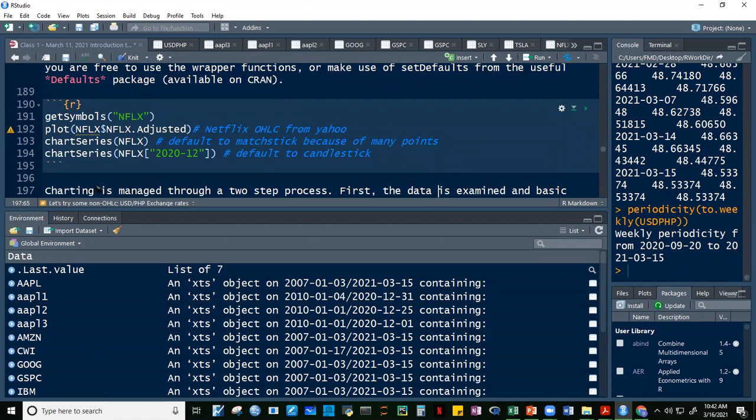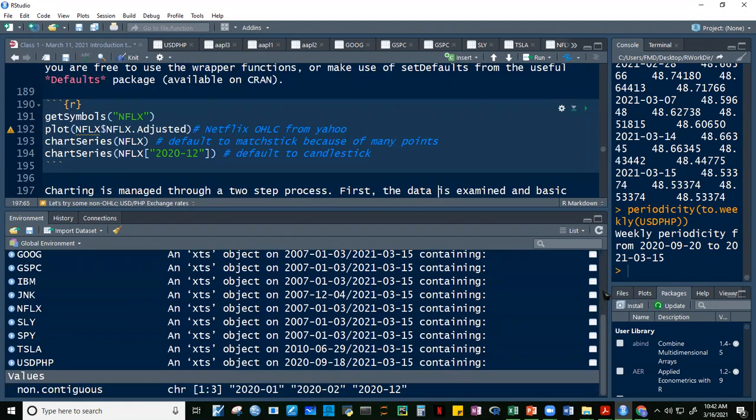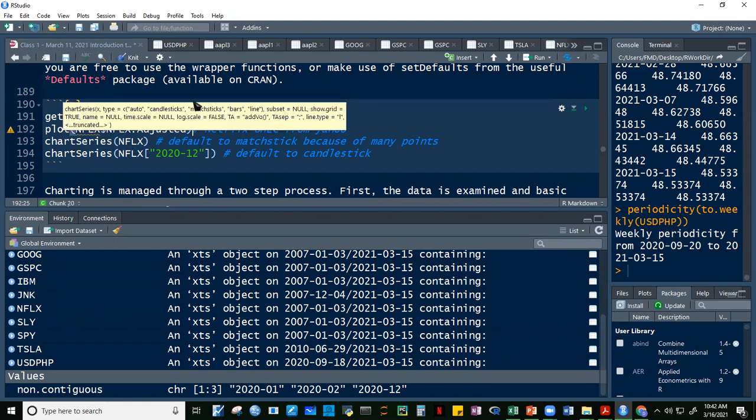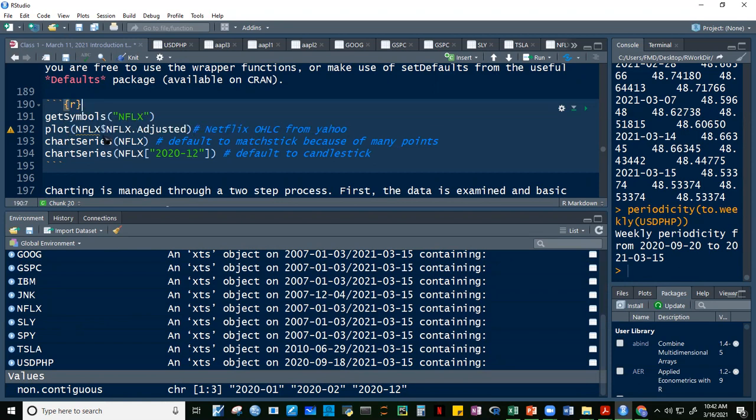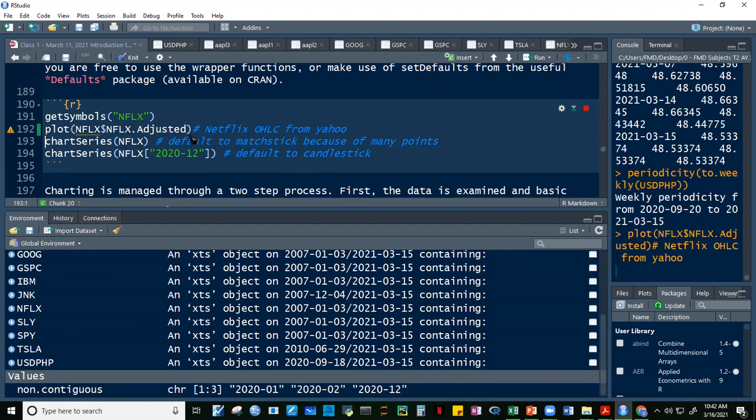Although meron na tayo Netflix. So since may Netflix na tayo, i-plot na natin ng diretso. No need to get this kasi meron na tayong Netflix. So ito yung sa base R, plot Netflix, specifically yung Netflix adjusted.